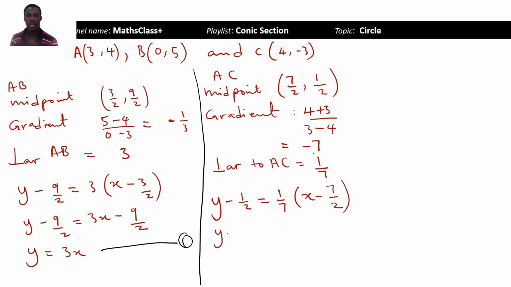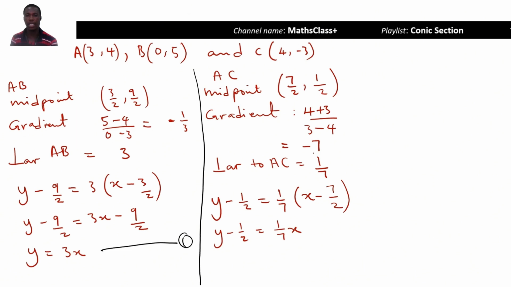So y minus 1 over 2 equal to 1 over 7x. Now 7 will cancel out 7, giving us minus 1 over 2. So if I group them, then I'm going to get y is equal to 1 over 7x, then negative half plus half will give us 0. So that also becomes the equation 2.